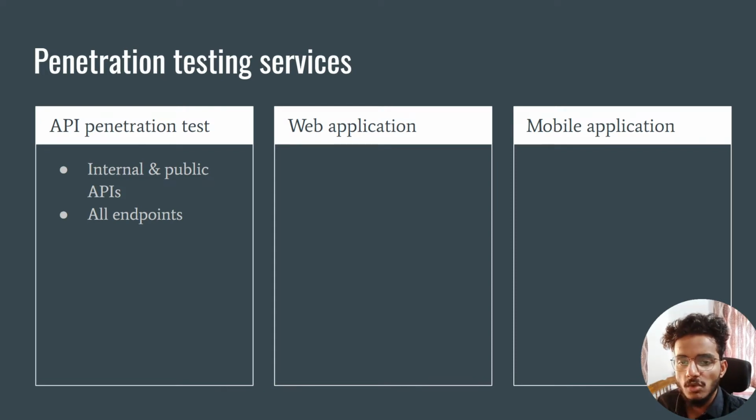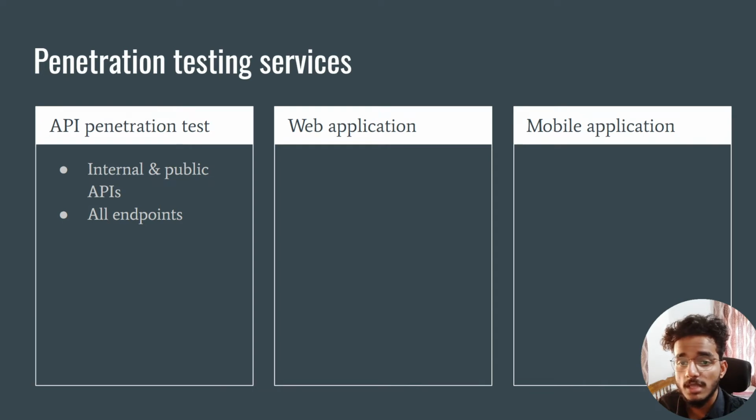All endpoints of the APIs would be tested for finding security vulnerabilities. If you have a lot of endpoints for your API, or only a few endpoints, we will test all those endpoints.